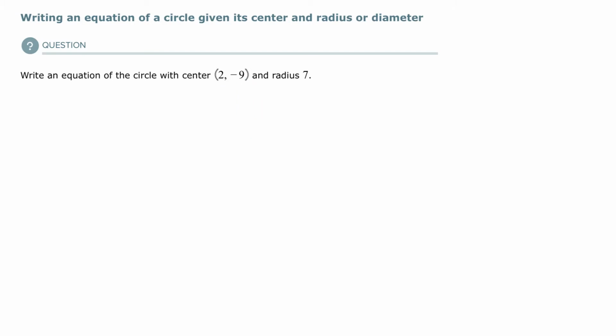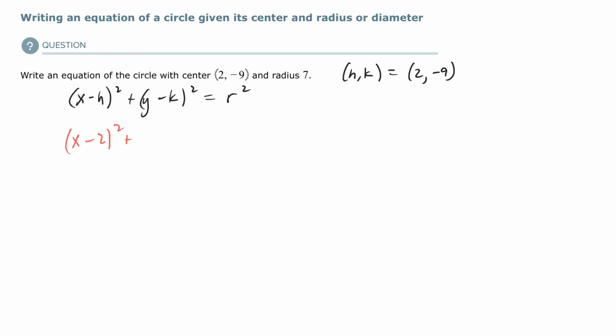First of all, write the standard form of a circle. (x - h) squared plus (y - k) squared is equal to r squared. Well, gee, we're almost done. h and k were given. Remember, (h, k) was given to be (2, -9), and now we just simply substitute. What is our answer? (x - 2) squared plus (y + 9) squared, that means plus 9, and then square it.